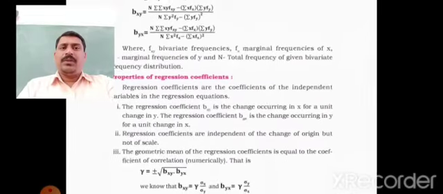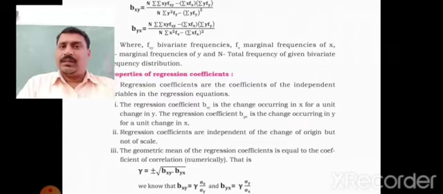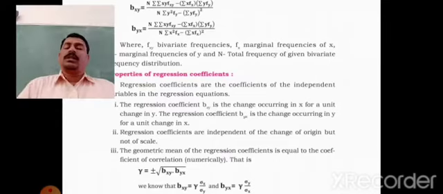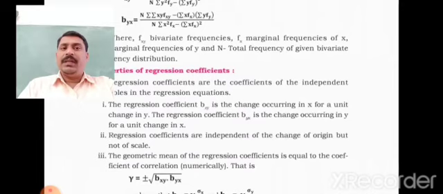Now, properties of regression coefficients. Like correlation, for regression also we have certain properties which are to be studied thoroughly. So the first property: the regression coefficient bxy is the change occurring in x for a unit change in y.